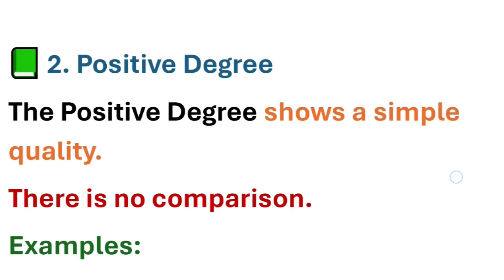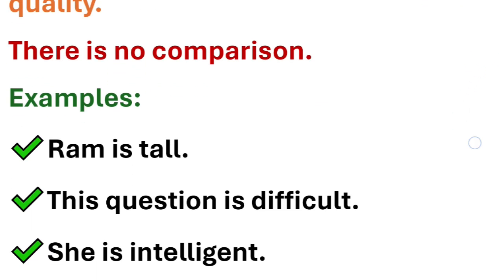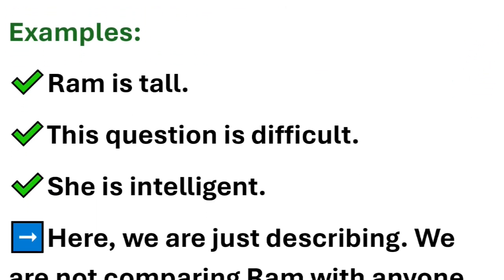So let's start with the first one, which is positive degree. What is it? The positive degree shows a simple quality. There's no comparison. It doesn't talk about comparison at all. Sometimes it does. How? We'll talk about that also later on. For example, Ram is tall. This question is difficult. She's intelligent.